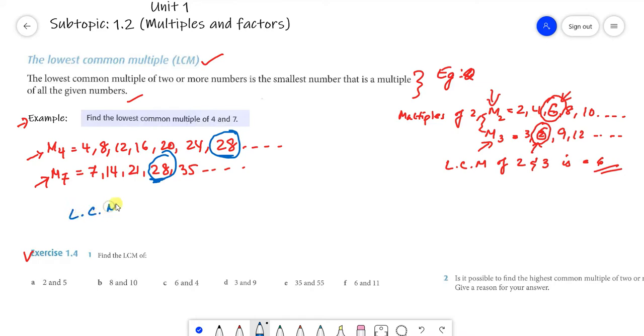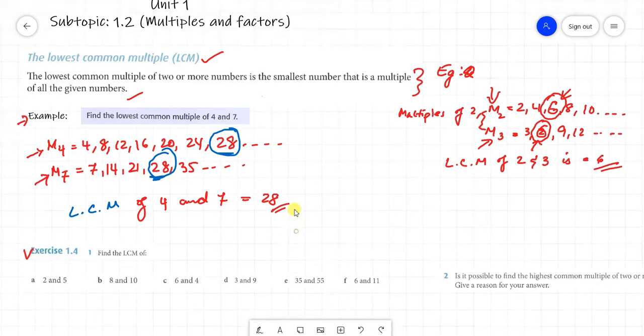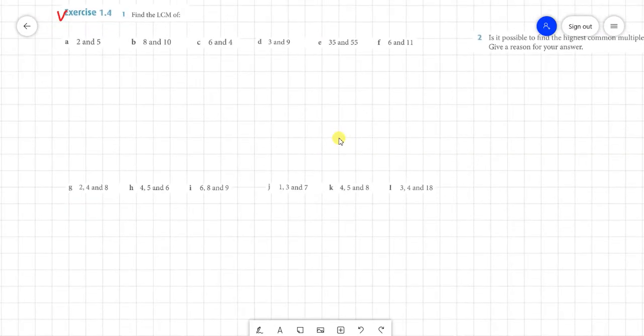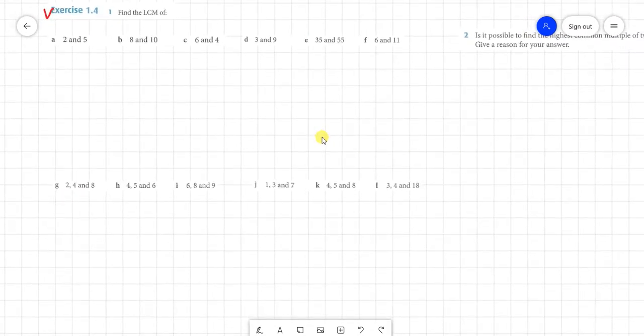LCM of 4 and 7 equals 28. That's pretty much it about LCM. Now we will be moving on to exercise 1.4. I hope it's clear enough for you guys.